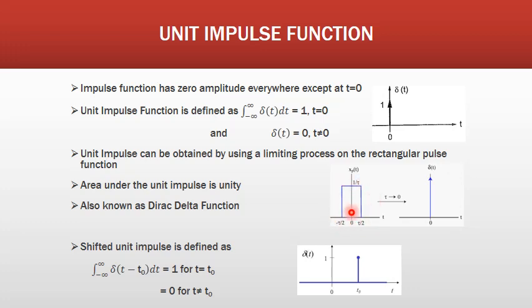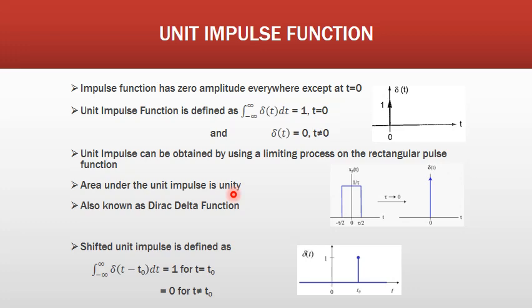So, the total width is equal to tau. If the width of the pulse is reduced to 0, then we will get impulse function. This unit impulse function is also known as Dirac delta function, and the area under the unit impulse is always unity.